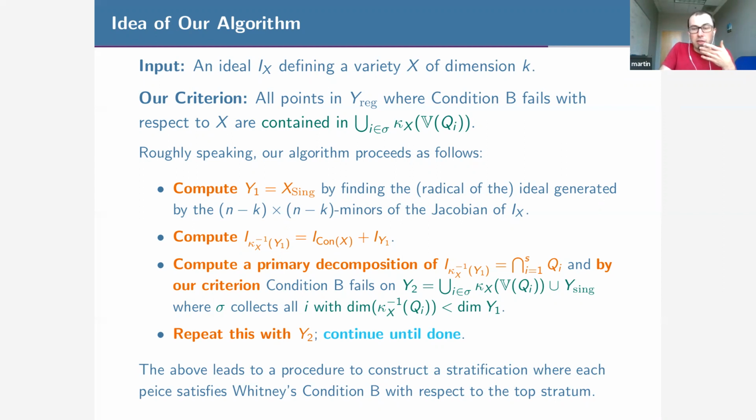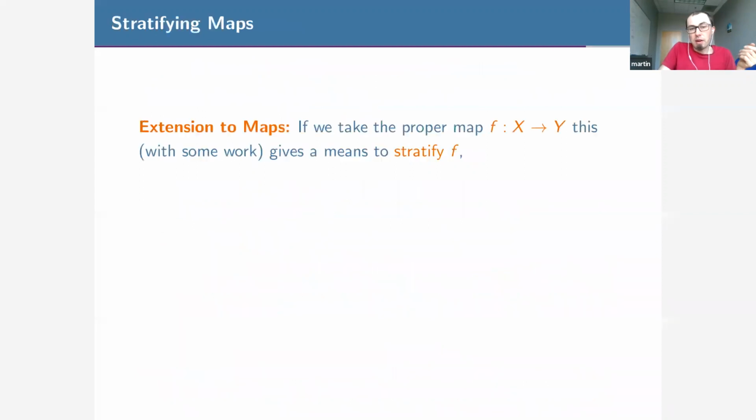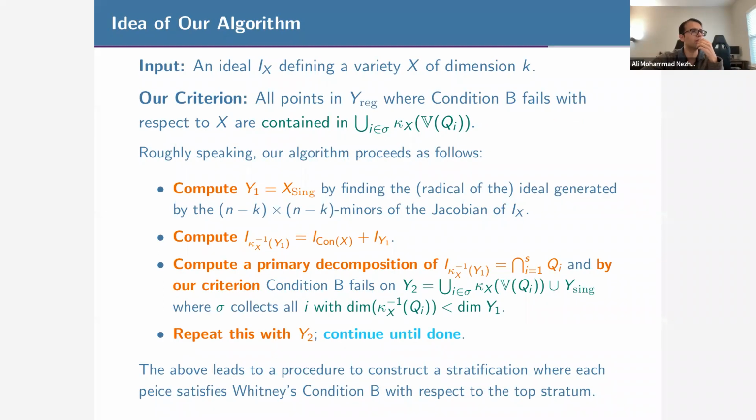If you put this together, you get an algorithm, and this is essentially what the Macaulay2 code that I showed early on is doing. Sorry, you assume that X is irreducible also? Yeah, we don't need to, but because you keep working with the singular points, right? Right.